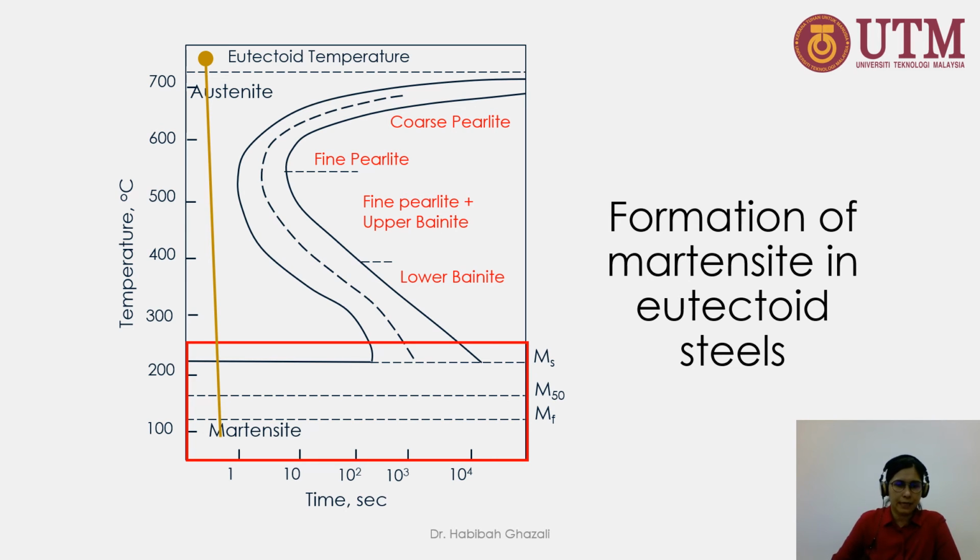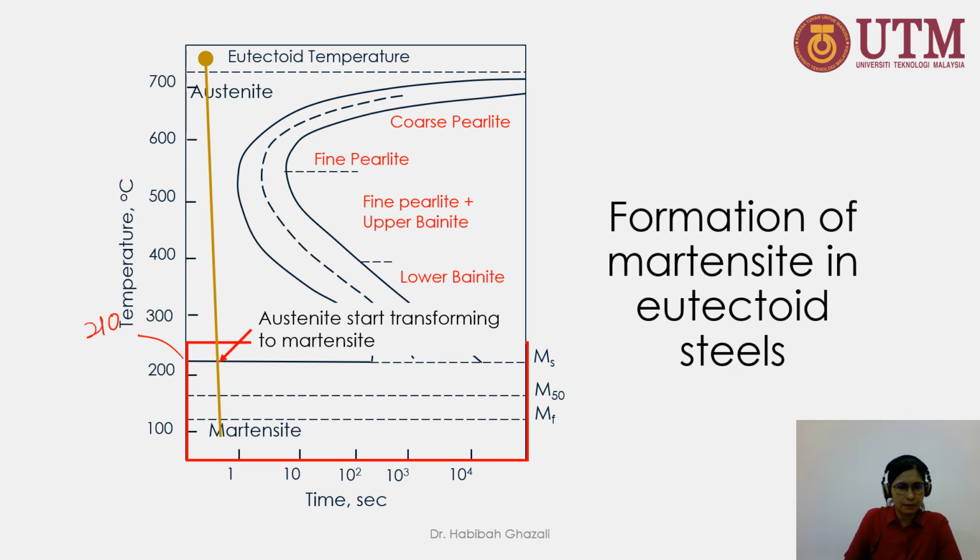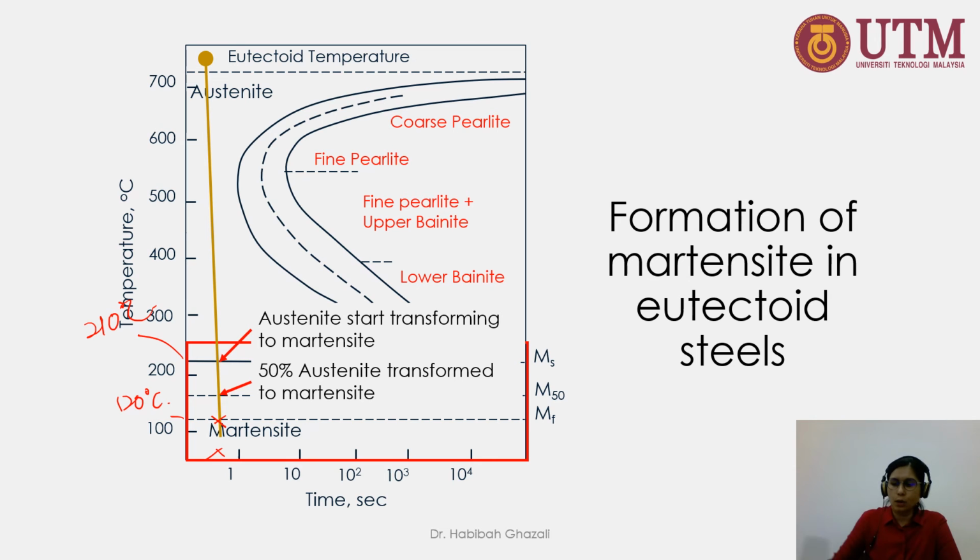The martensite will start to form at a temperature of around 210 degrees Celsius, and all of the austenite will finish transforming to martensite at around 120 degrees Celsius. So you would expect at room temperature that your microstructure will consist of all martensite. Your microstructure will be much more brittle because of the formation of this martensite, which I already explained in the previous video.